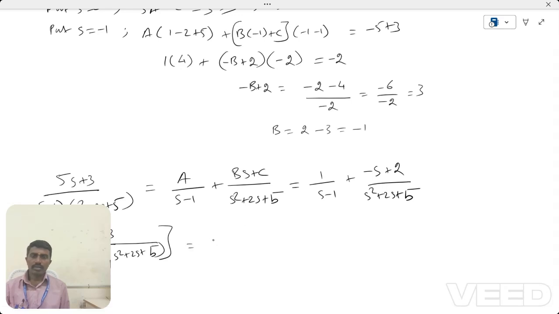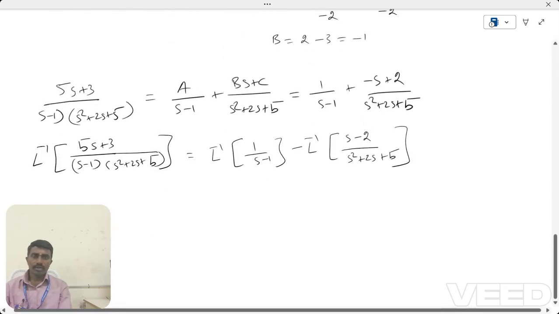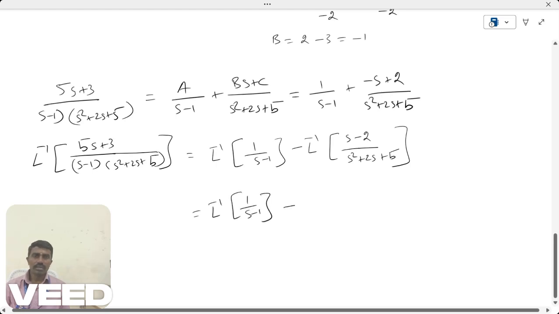Which is equal to L inverse of 1 by s minus 1, minus L inverse of s minus 2 divided by s square plus 2s plus 5. Now, L inverse of 1 by s minus 1 stays as it is.